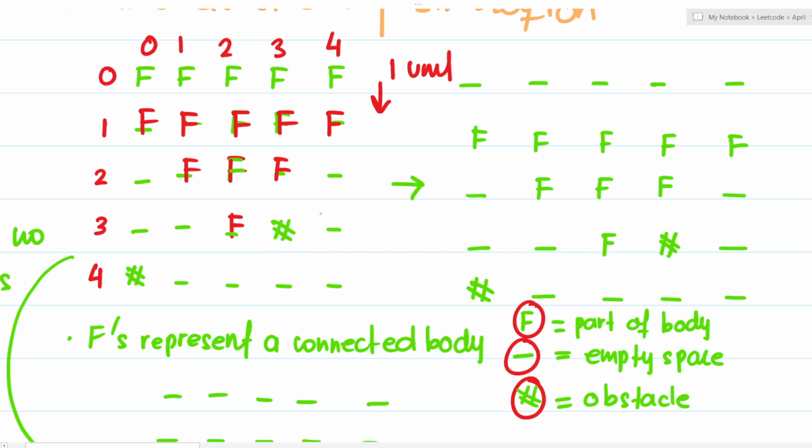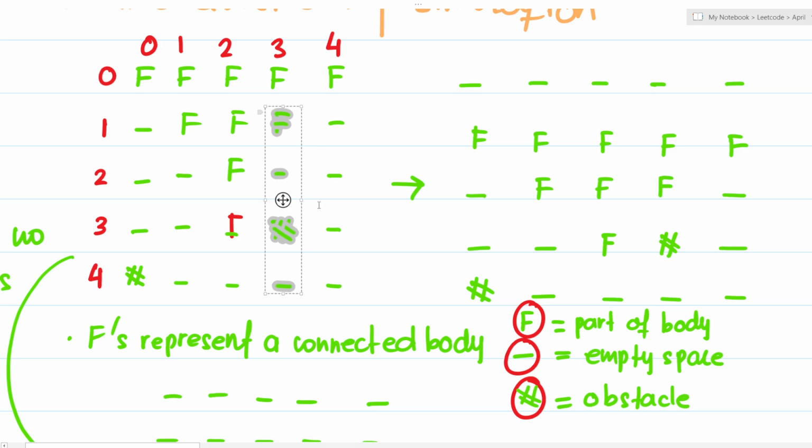Now, if we modify our example a bit, okay, let's maybe change one or two, or maybe let's add an obstacle or two. For this particular example, you see that the answer was something like this.